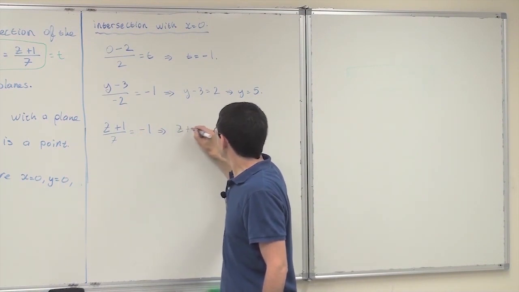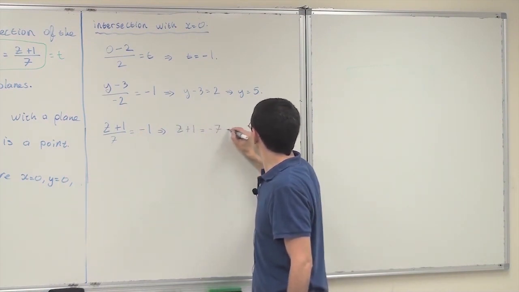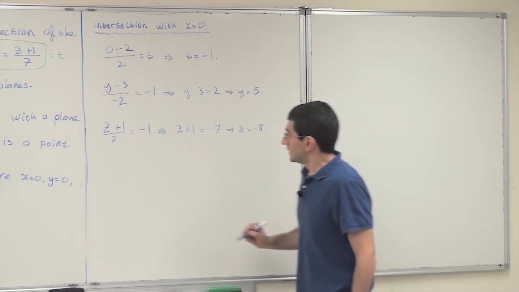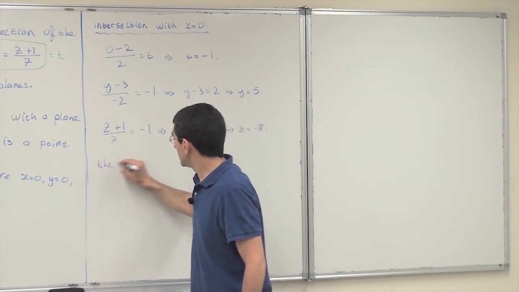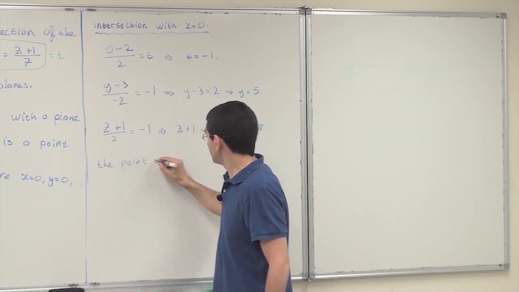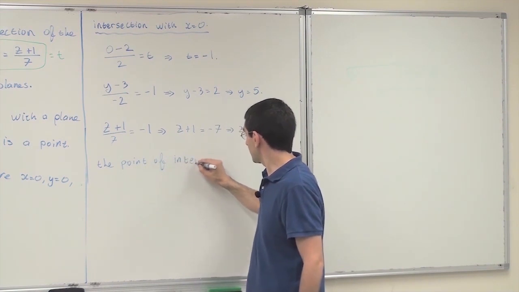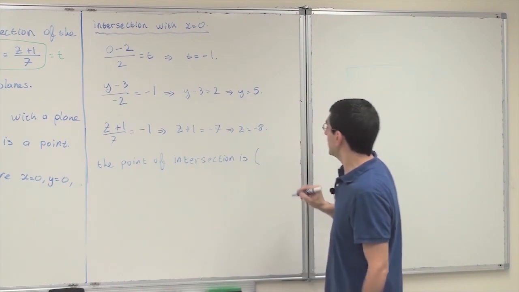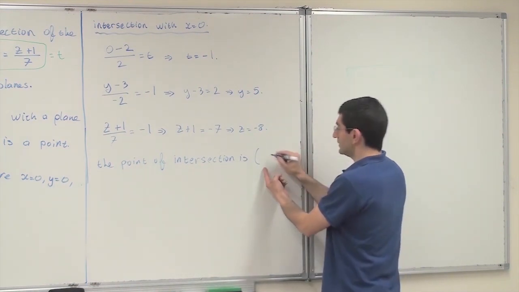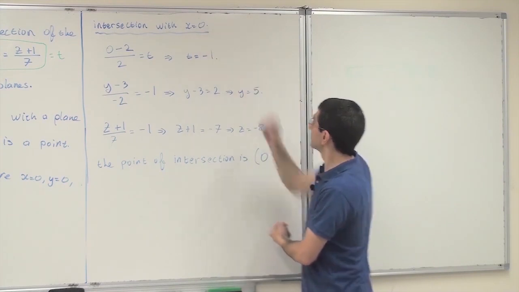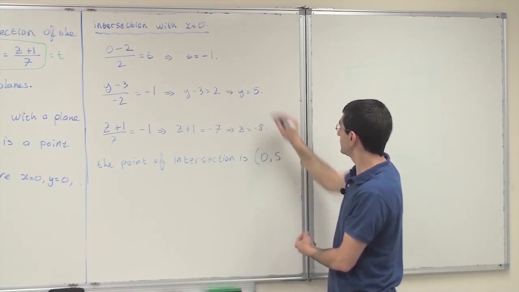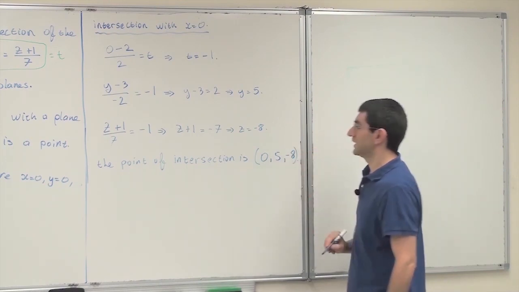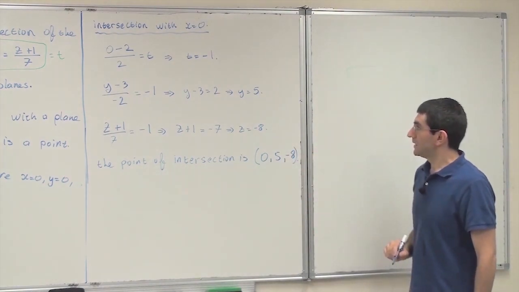So z plus 1 is -7, and therefore z is -8. So the point of intersection is, the x component, we know that it is 0, the y component, we found it to be 5, and the z component is -8.